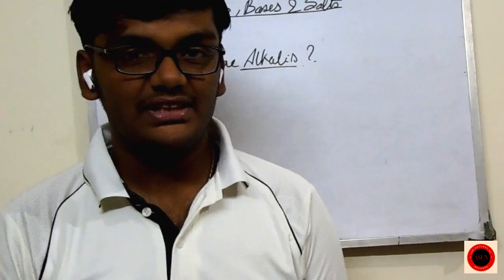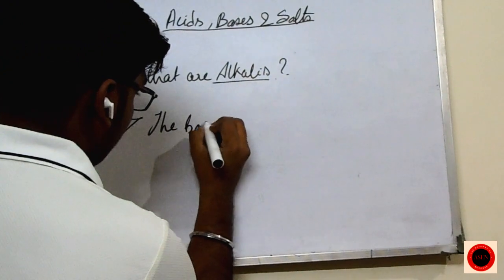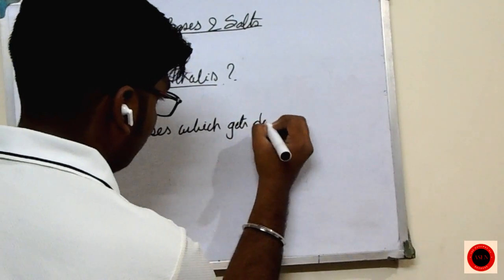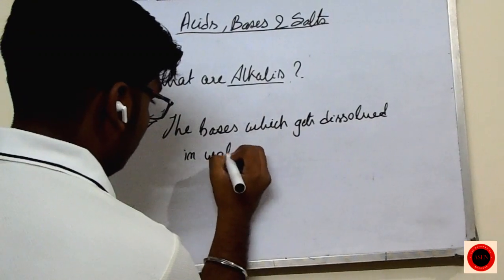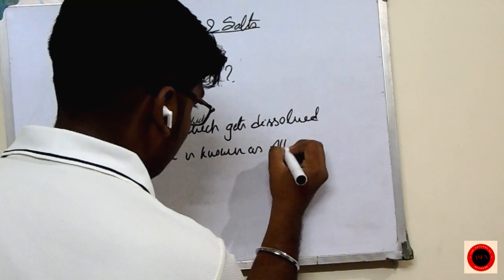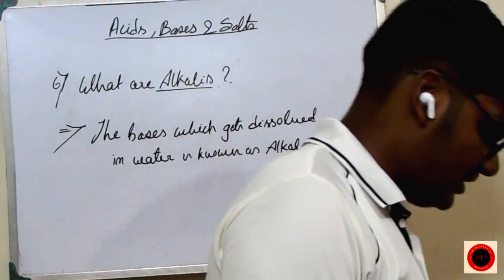In simple words, we can say that a base which gets dissolved in water, those types of bases are known as alkalis. The bases which get dissolved in water are known as alkalis.